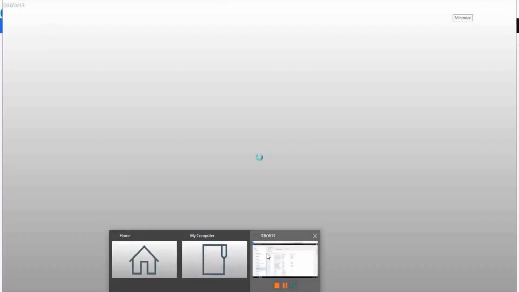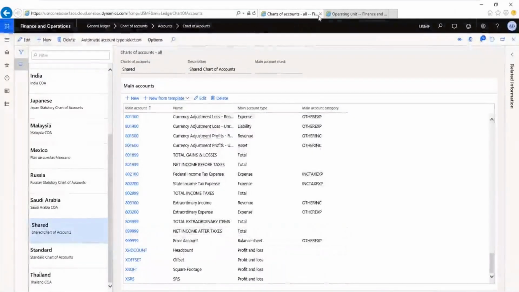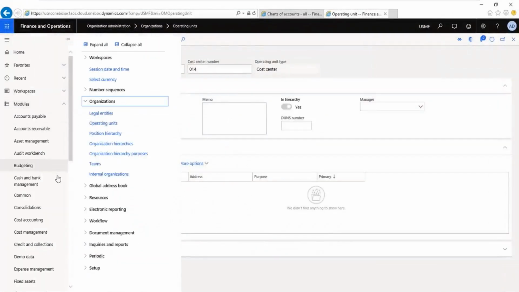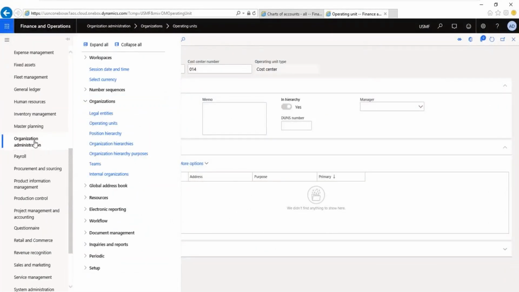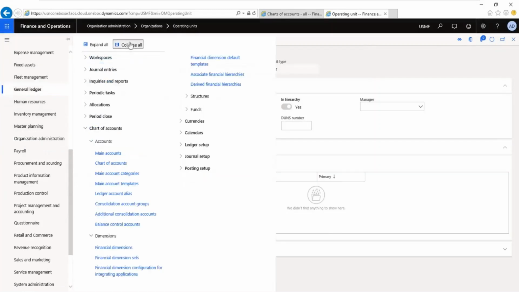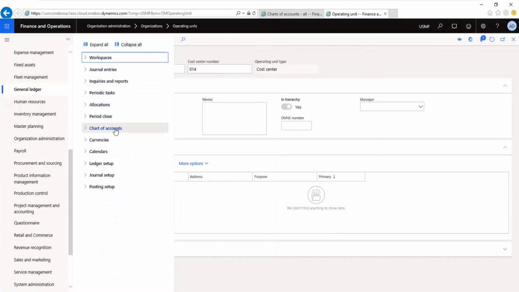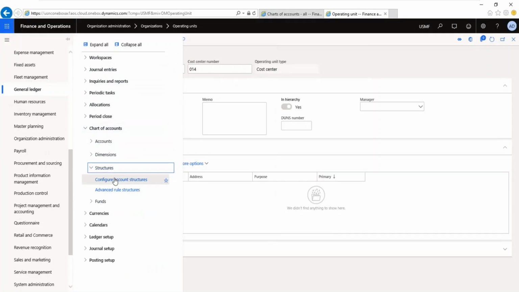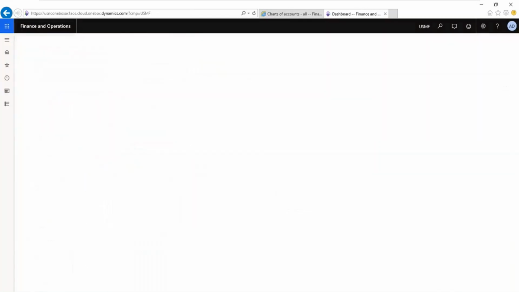So what is this? Let me show you in the system and then we'll discuss. Configure account structure means: General ledger, collapse all, chart of accounts, structures, configure account structures.